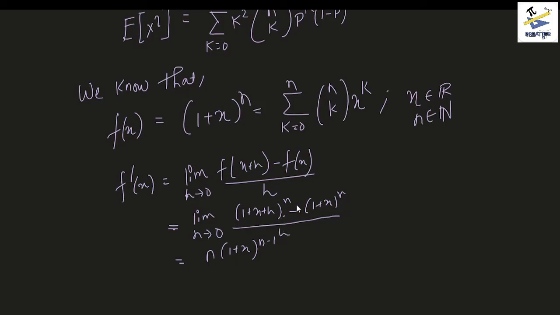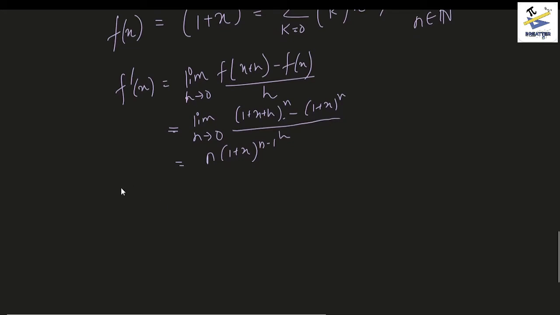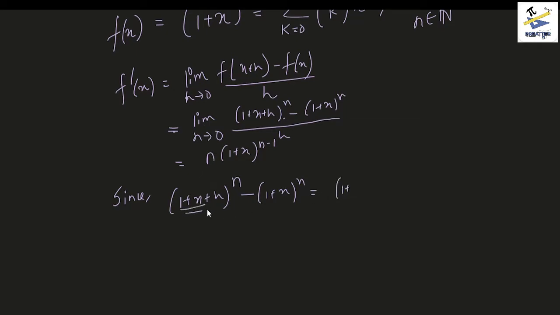Because when you expand this term, I'll just write it here. Since 1 plus x plus h whole to the power n minus 1 plus x whole to the power n, this thing can be written as, the first term can be thought of as 1 plus x plus h whole to the power n.